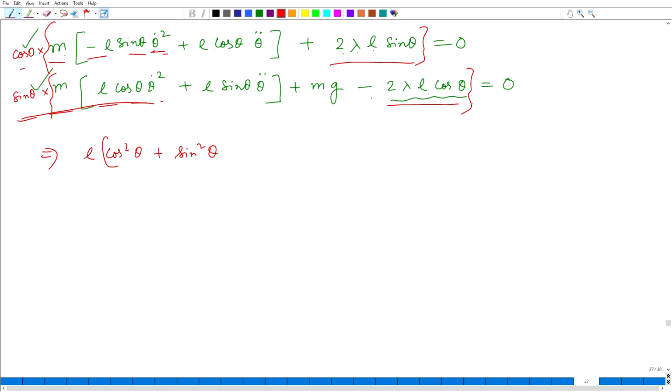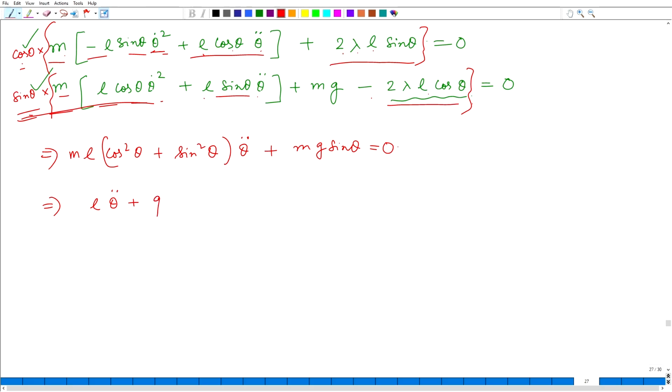So, here you see this term gives L cos theta times cos theta. So, cos square theta theta double dot, and here you will have L sin square theta theta double dot plus mg sin theta is equal to 0, and then you can write L theta double dot plus mg, sorry, there is an m which is missing. So, here I should write m for both, yeah, and here I will get rid of the m.